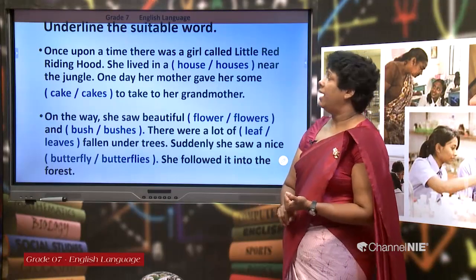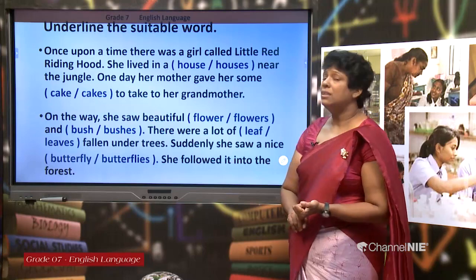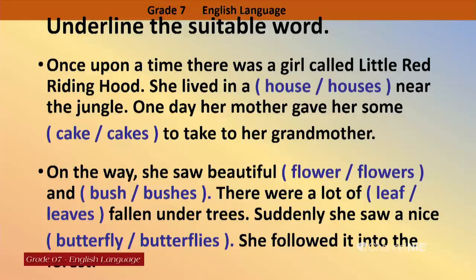Once upon a time, there was a girl called Little Red Riding Hood. I hope you all have heard that name, Little Red Riding Hood and the Wolf, the story. She lived in a houses near the jungle.